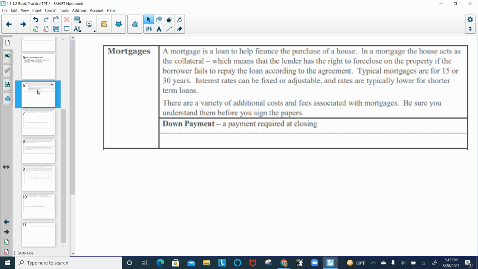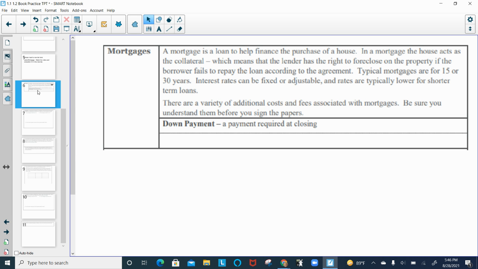Interest rates can be fixed or adjustable, which means it can stay the same rate all the way through the mortgage, or it can adjust depending on what the market is doing. There are lots of opinions on adjustable interest rates. Basically, your mortgage payment can go up or down based on the bank adjusting those rates to match the market. Rates are usually lower for shorter term loans.